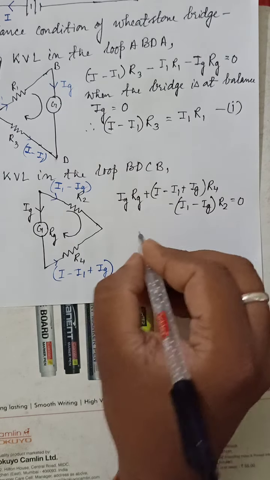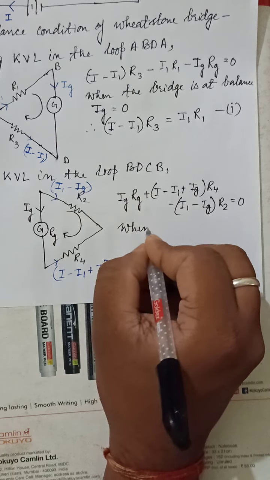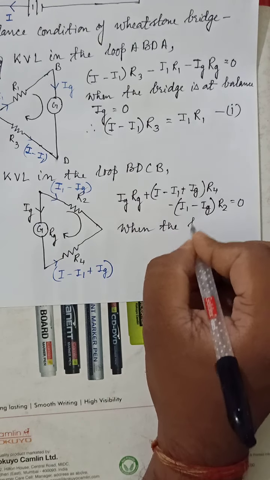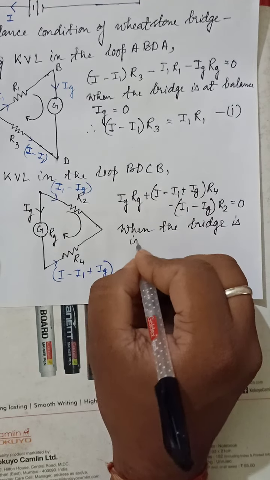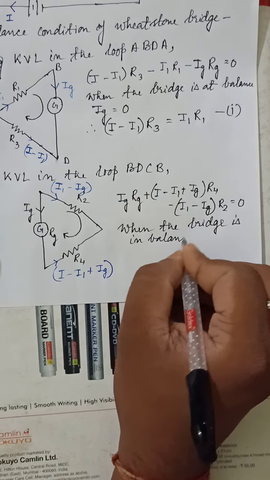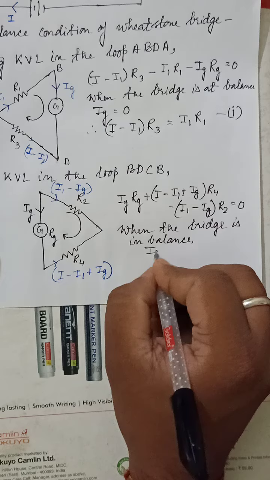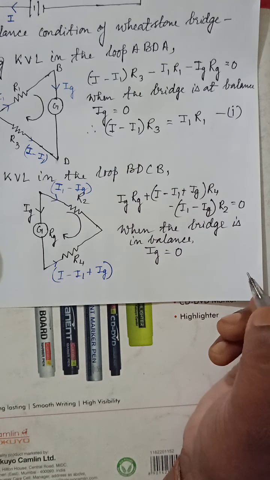So when the bridge is in balance, Ig is equal to 0.